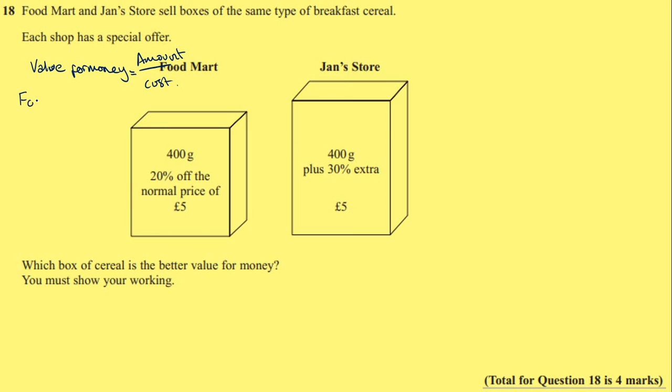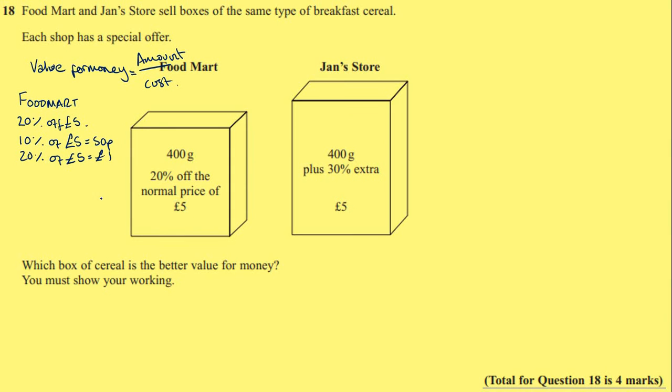So at Food Mart, well, we know that we're going to get 400 grams, but we get 20% off from £5. So we need to work out 20% off £5. Now, 10% of £5 is equal to 50p. 20% of £5 must be twice as much as that, which is £1.